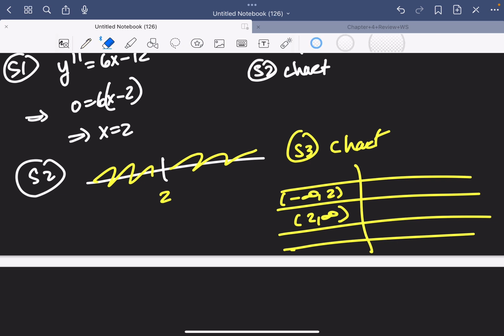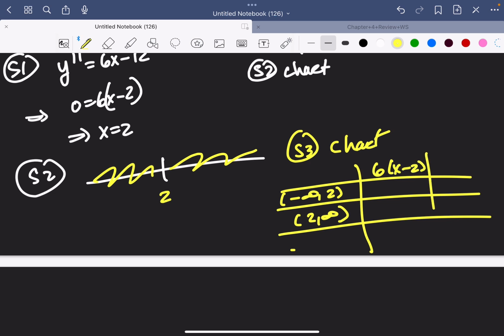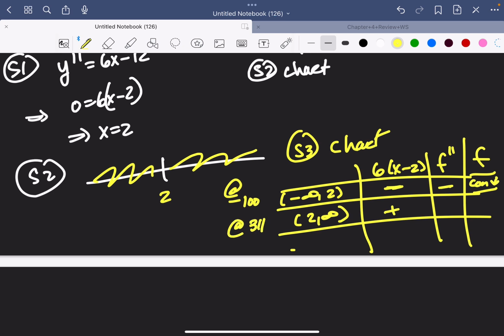And then along the top, we're going to have the parts of our second derivative, which is really just 6x minus 12. So I plug in something like negative 100. At negative 100, I get a negative, which means it's concave down. And then at maybe 311, I get a positive, which means the second derivative is positive, which means I'm concave up on that interval.